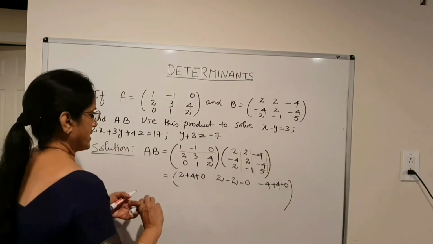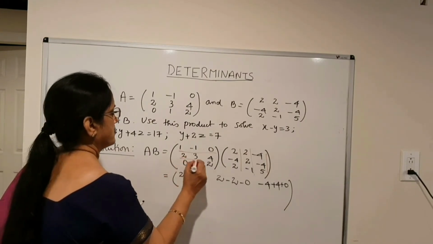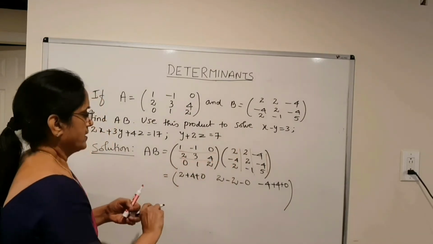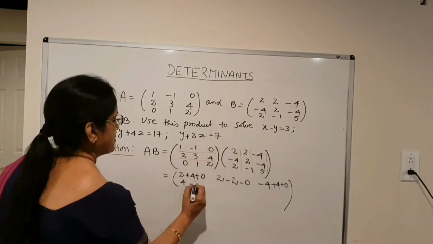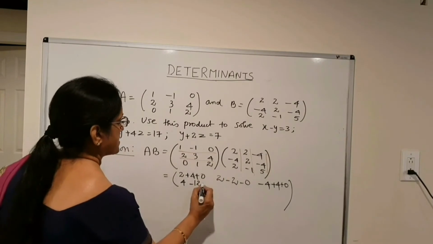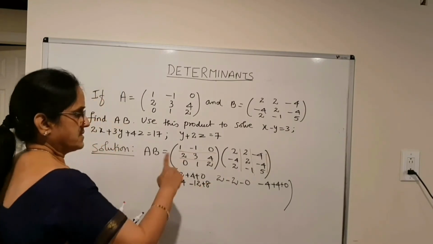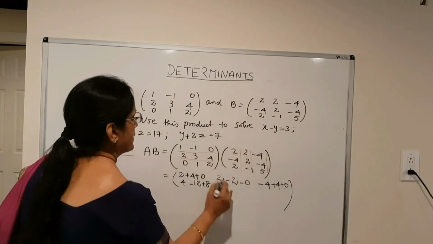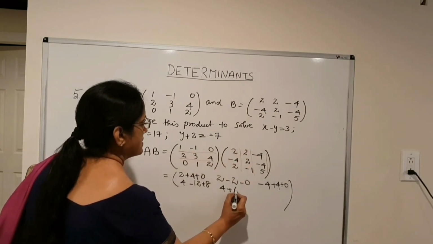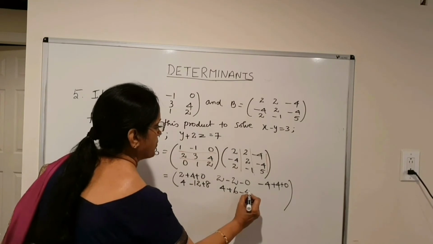Coming to second row and first column. That will give you 2 2s are 4, minus 12, plus 8. Then second row and second column, 2 into 2, 4, 3 into 2, 6, 4 into minus 1, minus 4.